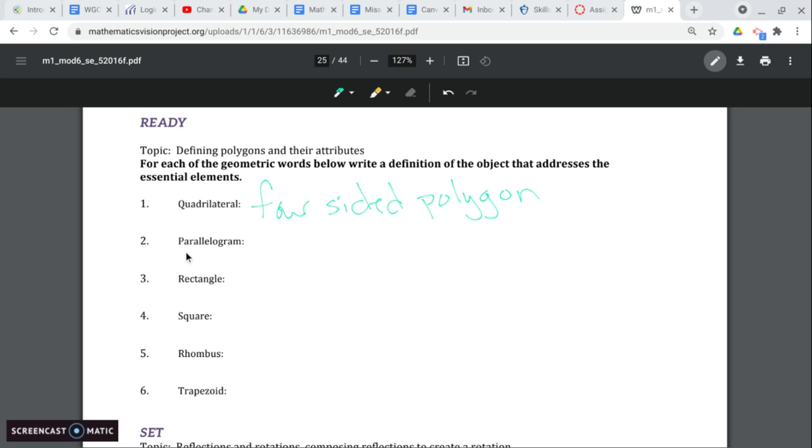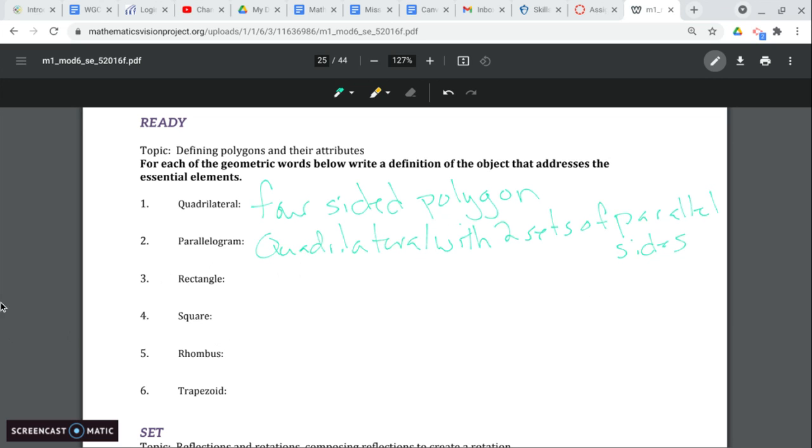A parallelogram is a quadrilateral with two sets of parallel sides. Now, a rectangle, make sure you include that as a quadrilateral, and then explain what else is important about it.